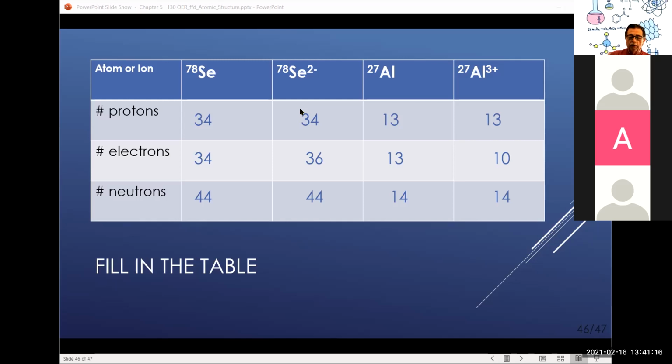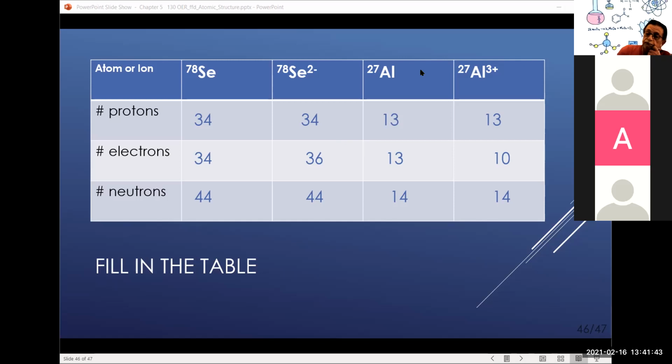And so it will have a -2 charge. So this will have 36 electrons. Now, the number of neutrons, regardless if it's the element or the anion, is the same at 44. That is, the 34 plus the 44 gives me 78, the mass number.